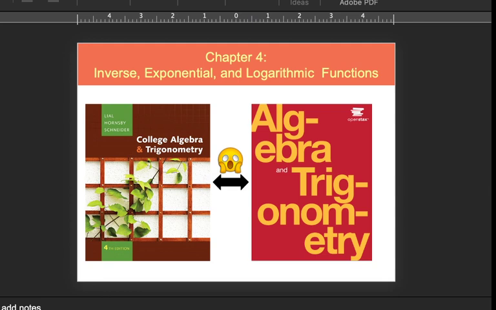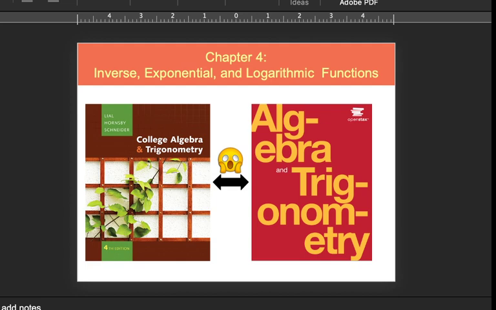We'll go to PowerPoint and see where we last left off. We're still looking at inverses, I think. I'm just looking at my notes now. So we looked at some inverses. The notation is really what's important here.